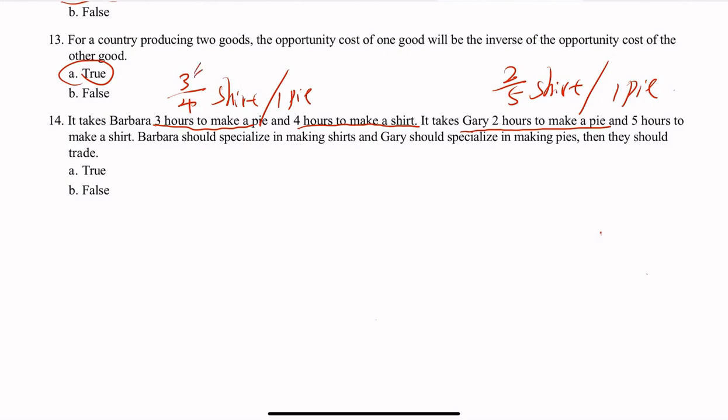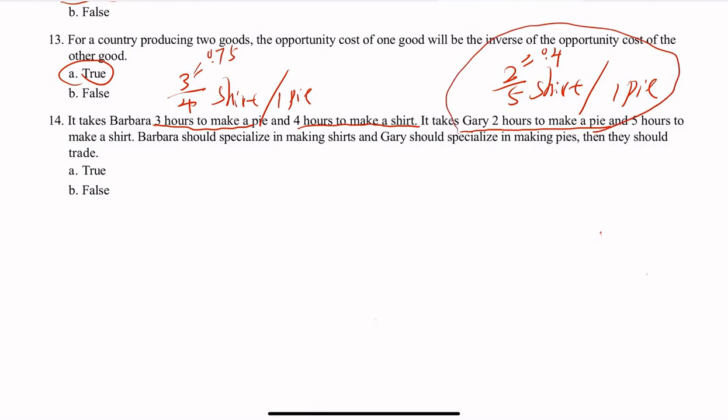So basically 3/4 is 0.75, and 2/5 is 0.4. So you can see who has a lower opportunity cost to make pie? Well, it's pretty easy, right? You can see that Gary actually has a lower opportunity cost.